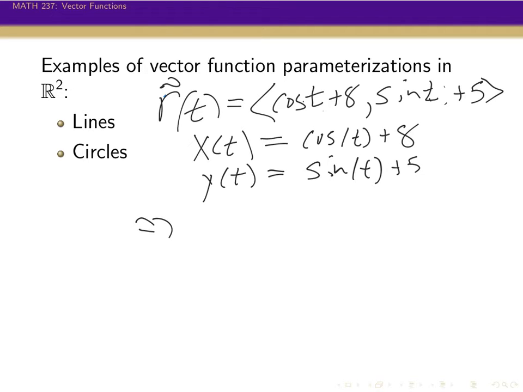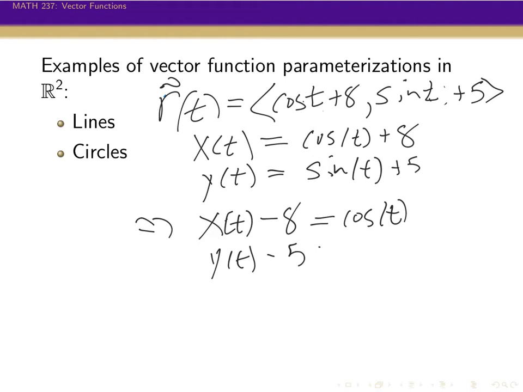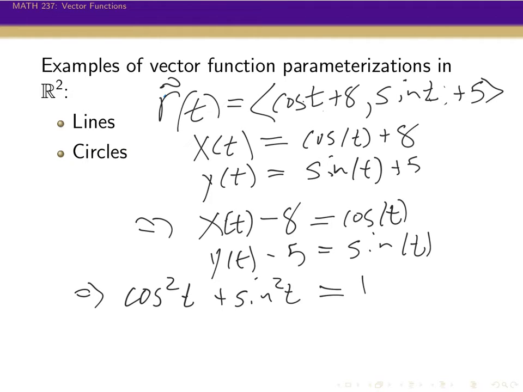If I move the plus 8 and the plus 5 to the other side, I have x of t minus 8 is equal to cosine of t, and y of t minus 5 is equal to sine of t. From the Pythagorean theorem, I know that cosine of t squared plus sine of t squared is always going to equal 1.